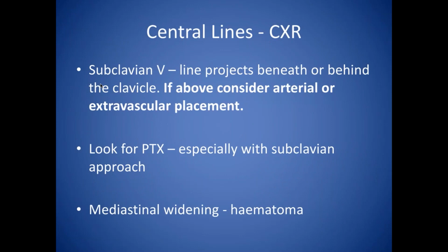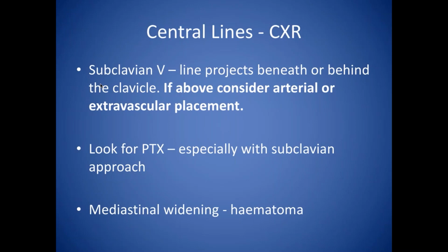So, how do you know whether the subclavian vein has been cannulated properly? The line should project beneath or behind the clavicle. But if it's cephalad to the clavicle, consider that an arterial puncture has occurred or that there's been extravascular placement.